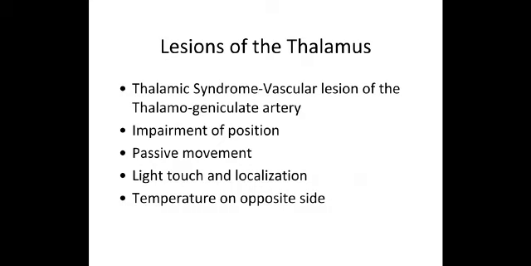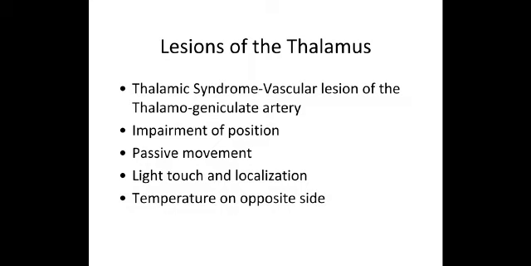So what are the lesions of the thalamus? See, any neoplasm or disease affecting blood supply to the thalamus leads to degeneration of thalamic nuclei, especially the posteroventral nucleus. The thalamogeniculate branch of the posterior cerebral artery is usually blocked due to thrombosis.